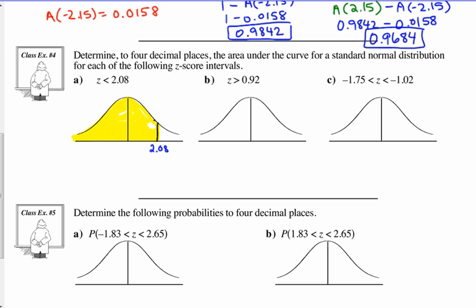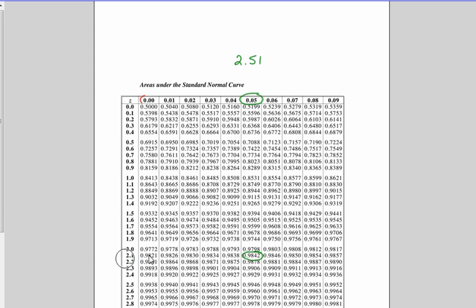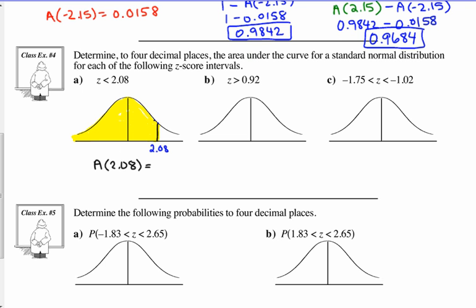We want the area, so the area below 2.08 is equal to, so grabbing your table, we're at positive 2.0 and 8 is here. So we want 0.9812.